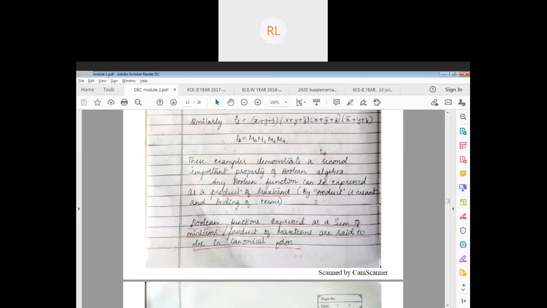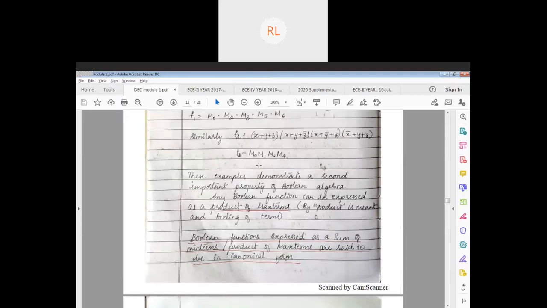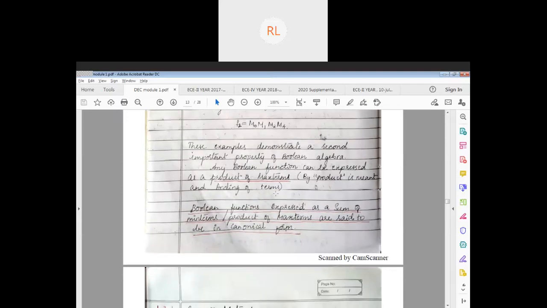Any Boolean function, this is very important, I want you all to note this down: any Boolean function can be expressed as a product of max terms, M0, M1, M2, M4. It is also called POS, product of sums. You have products here, and what is happening inside is all getting summed, added.